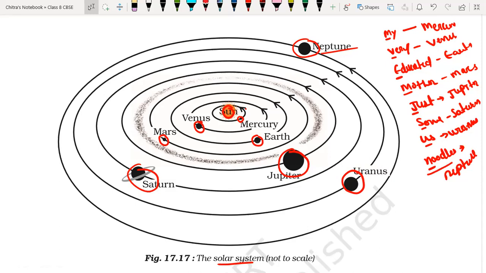So by remembering this rhyme, you can remember all the planets around the sun in increasing order of the distance from the sun. So take a screenshot here.